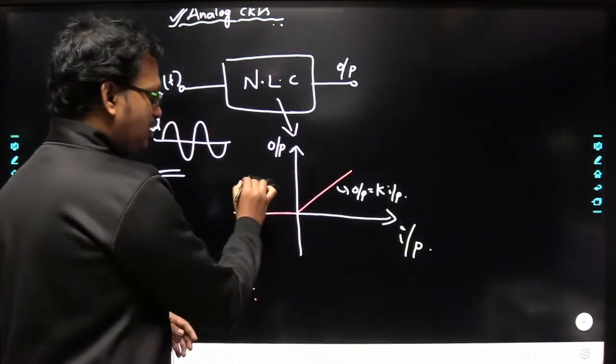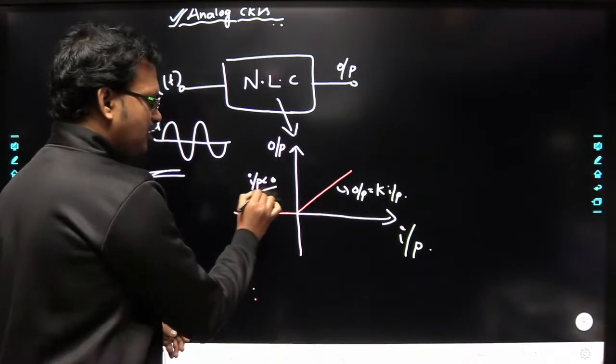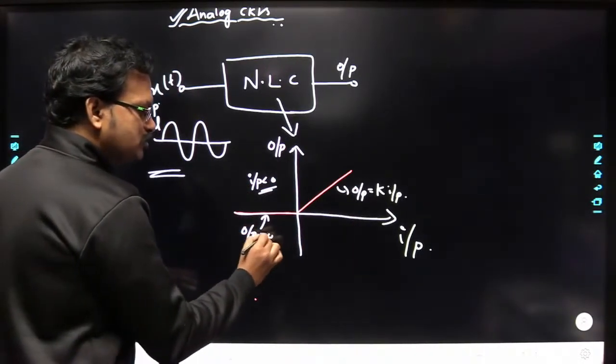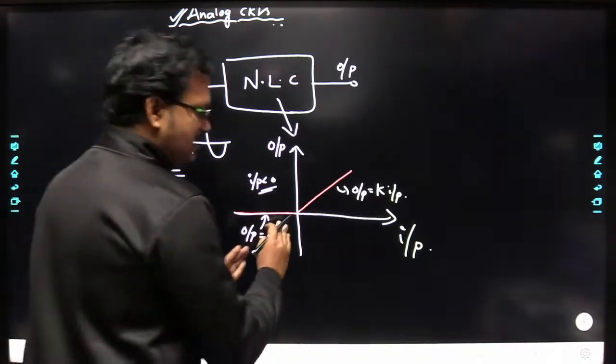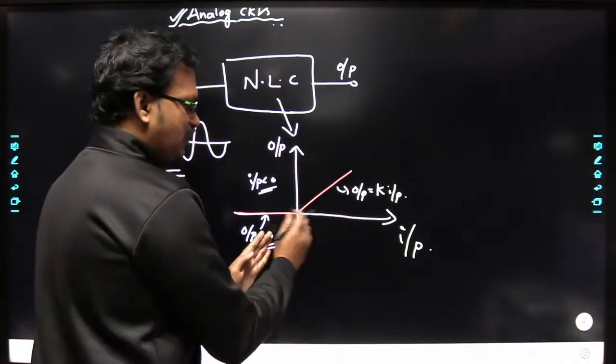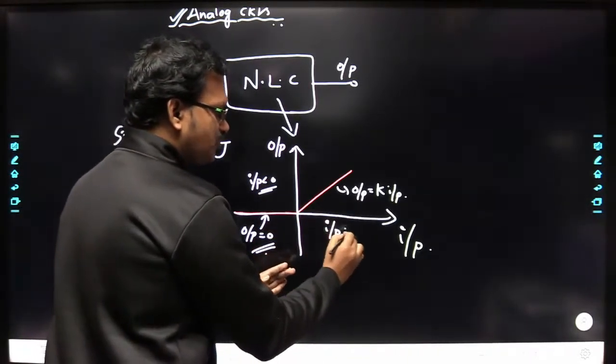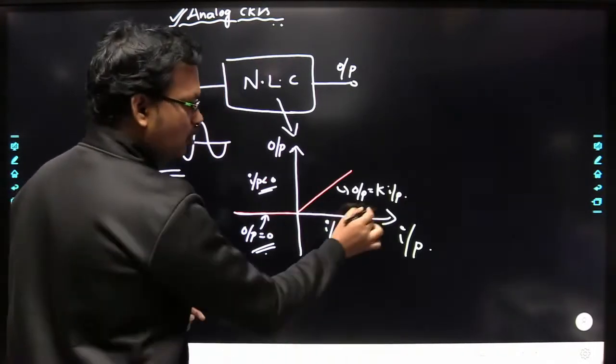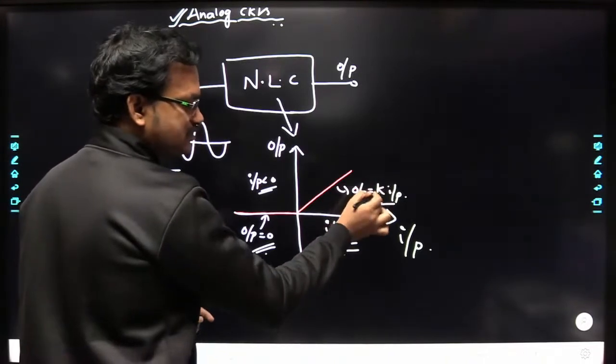Whenever input is less than 0, we get output equal to 0. As input increases, whenever input becomes greater than 0, output is equal to k times the input, where k is some scaling factor.